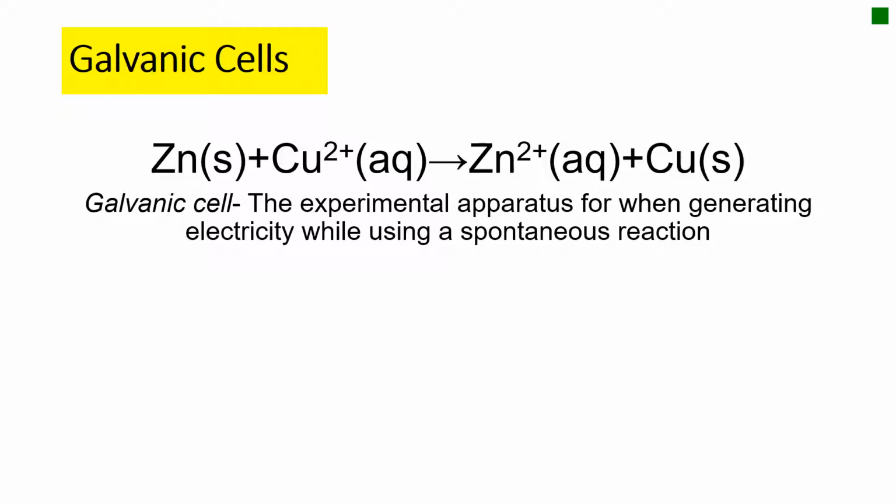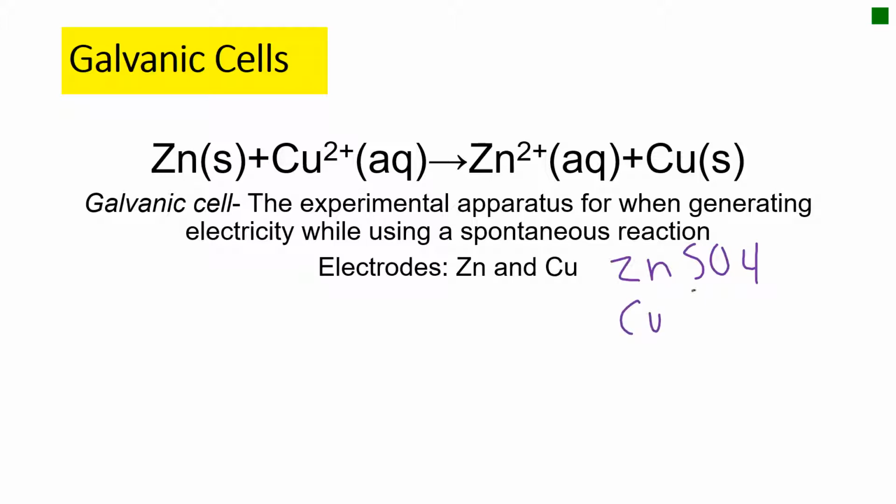So we can also imagine a zinc bar being immersed in zinc sulfate, while a copper bar is immersed in copper sulfate. The electrodes in these situations would be zinc and copper.